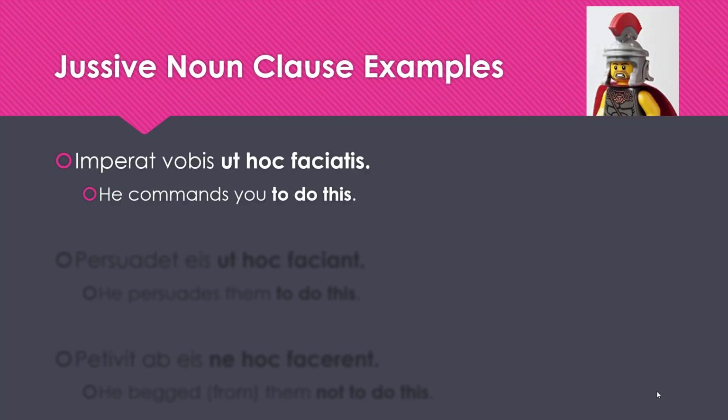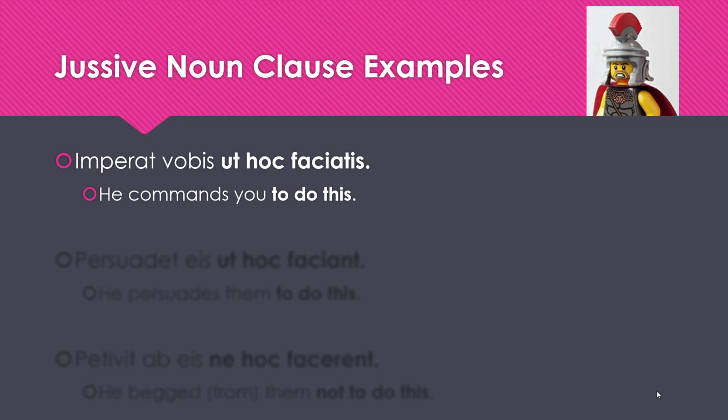Imperat vobis ut hoc faciatis. He commands you all to do this. And if you see there, we don't translate the ut really. The way you can tell that this is a jussive noun clause is you have imperat, which is a commanding verb. It literally is the verb to command.